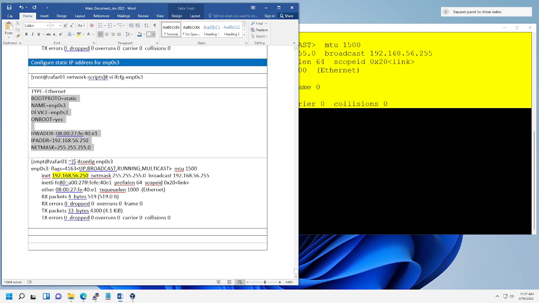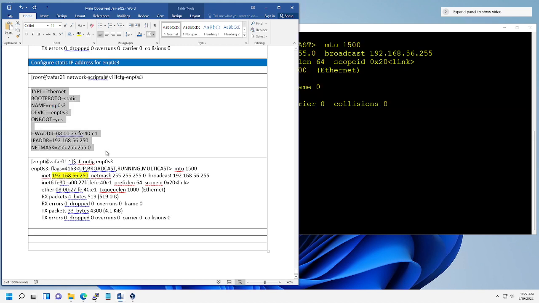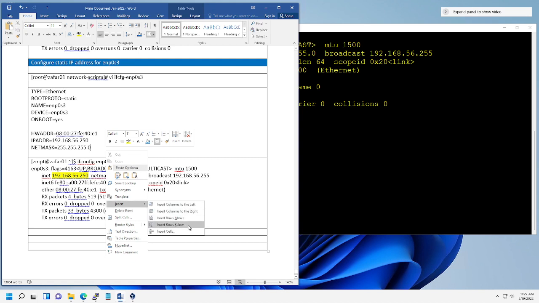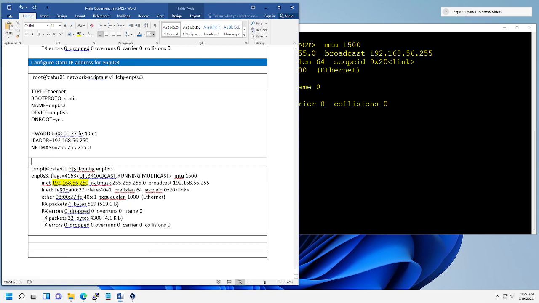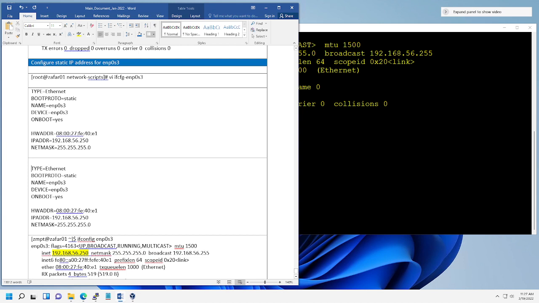So let me explain what this is. Here, this part is the static protocol.